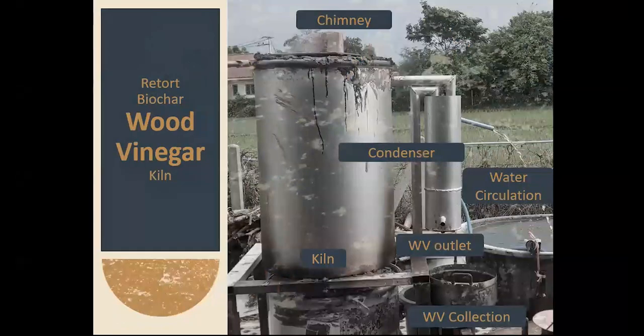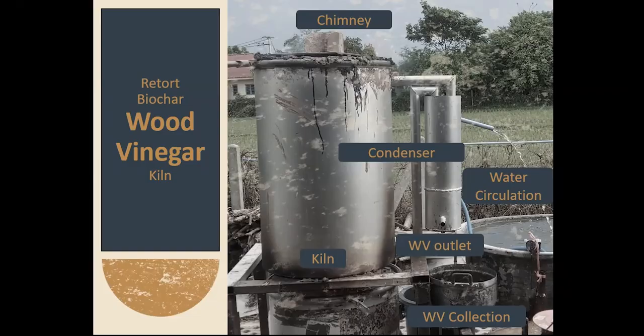So in this system here, you can see here inside the main compartment, we have all of our biomass. It could be corn cobs, it could be small chunks of wood, it could be pieces of bamboo, whatever it is that we have on the farm. That's inside of the barrel. And then below that, we have the flame.